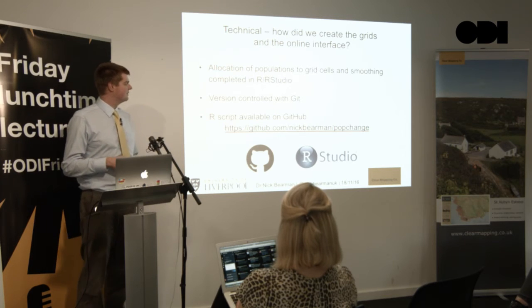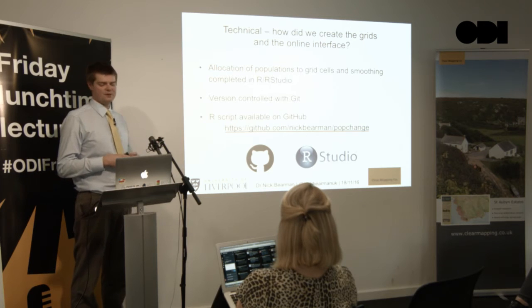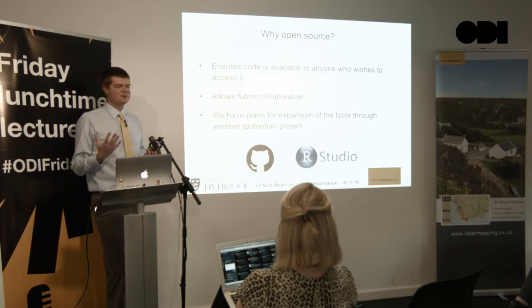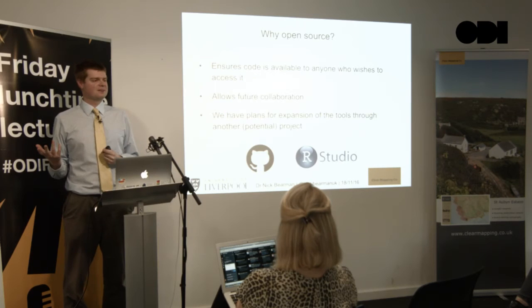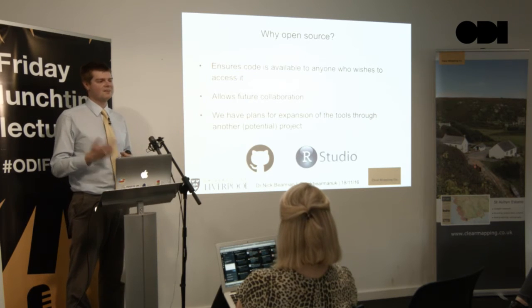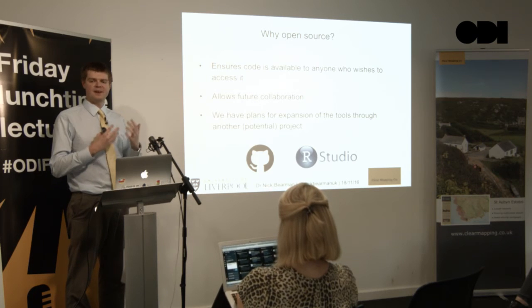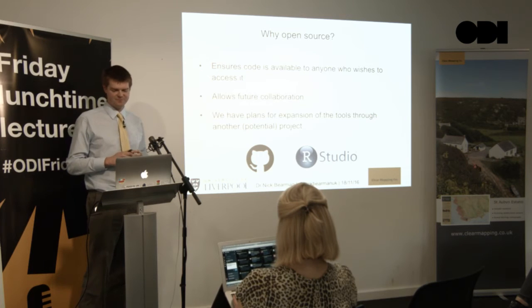And so all of it, we version controlled it with Git, and it's all available on GitHub. And we made this open source to ensure that the data is available to anybody who wants to use it, and to promote future collaboration, because we've done up to 2011. We're going to have a census in 2021, and there will be other data sets that we could include after that. So we want it to be there for the community, if you like, to be used.